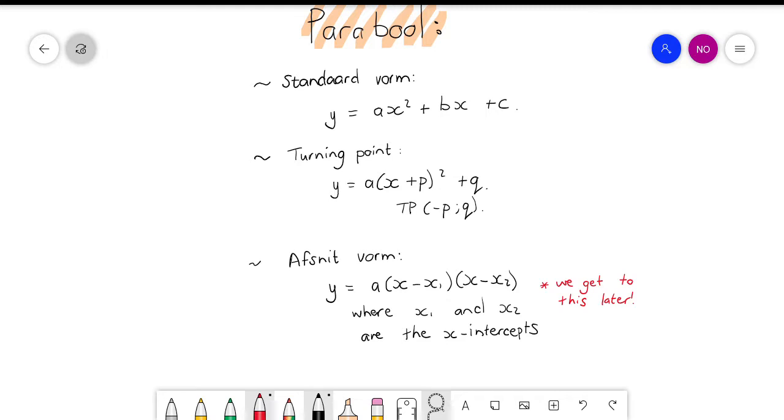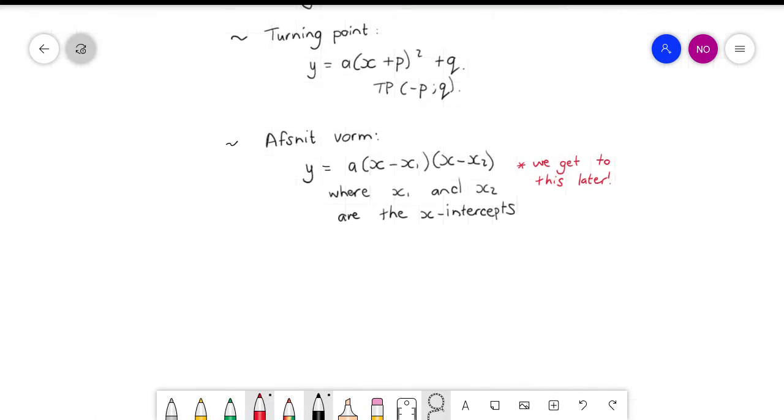Kom ons praat oor 'n paar teorievrae wat hulle vir jou kan vra. So the one thing that they can ask you is the domain or the range. Definisieversameling is eintlik een woord, sorry Afrikaans.